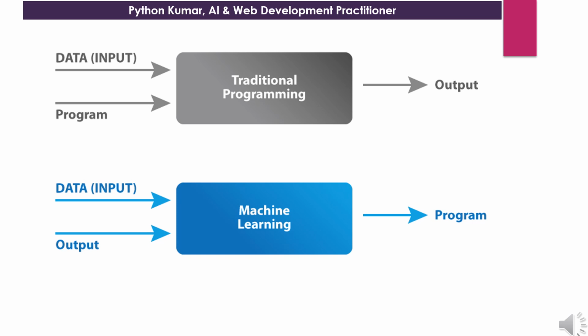But in machine learning, we give both the input and the solution, and the machine learning algorithm has to predict the program. That is the rule. Machine learning gives us the rule behind it, a rule which can take me from input to the output. That is what machine learning does, and that is what I am trying to figure out with polynomial regression.